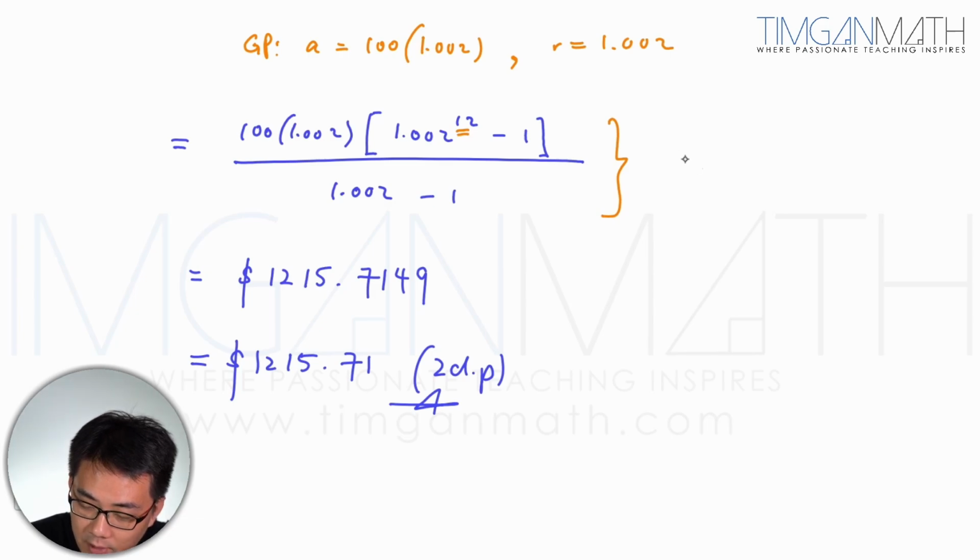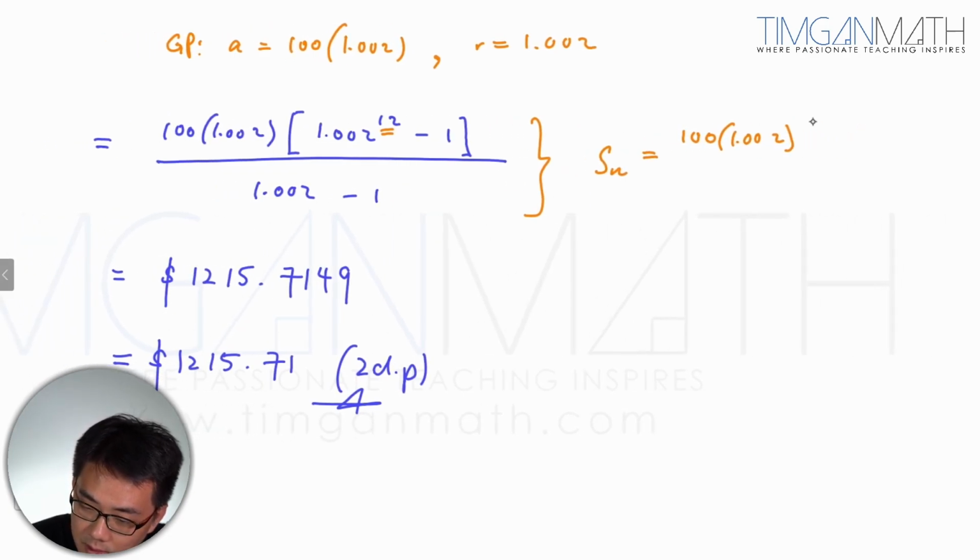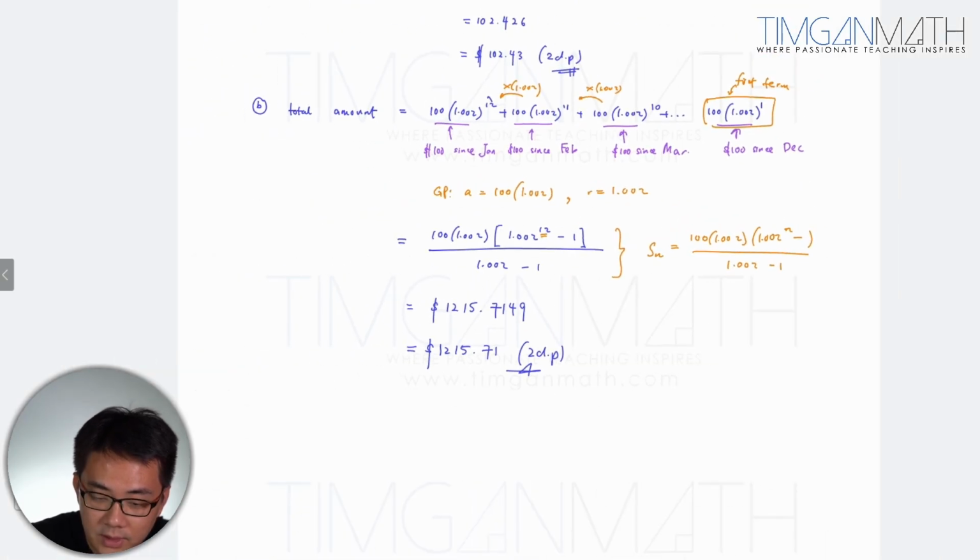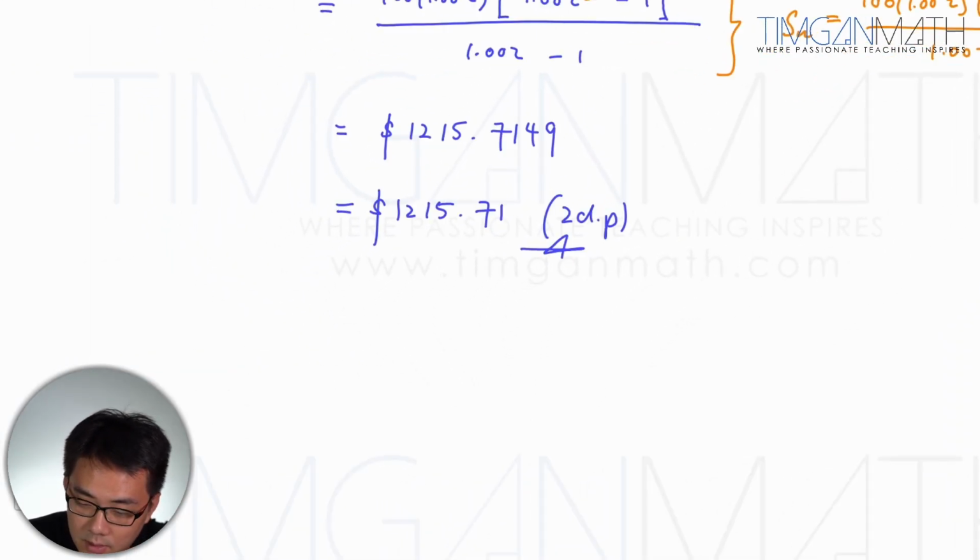So if you're looking for the sum at the end of the nth month, it would be 100 times 1.002 times 1.002 to the power of n minus 1, over 1.002 minus 1. So it will have the same a but a different n here.